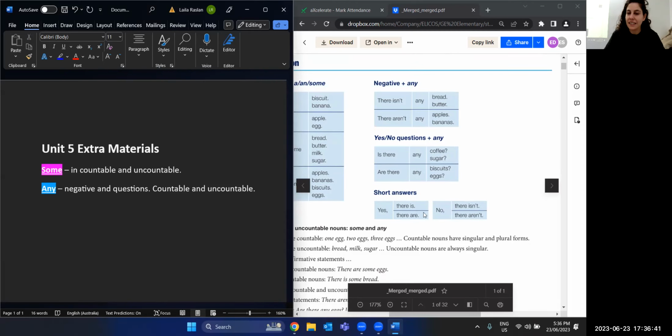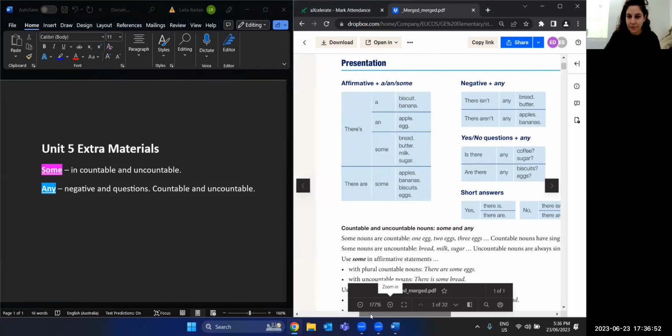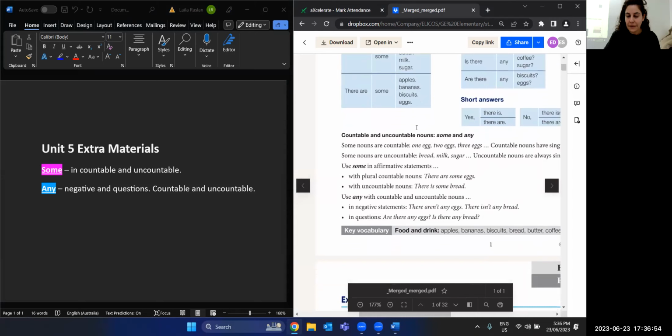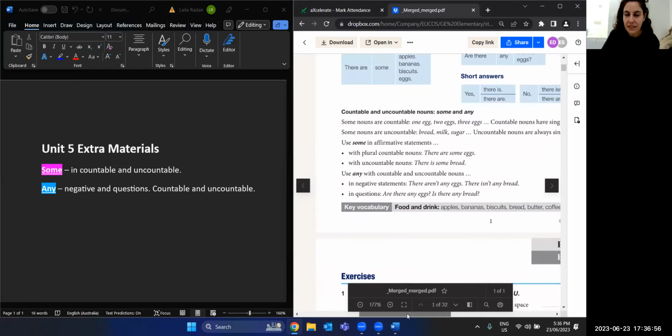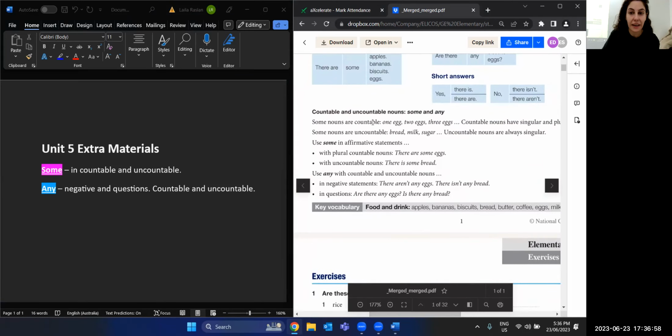And our answer, yes, there is. Yes, there are. So again, singular or plural. Or the negative, no, there isn't. Singular, no, there aren't. Plural. So let's look at some things here. It just tells us some nouns are countable. 1 egg, 2 eggs, 3 eggs.